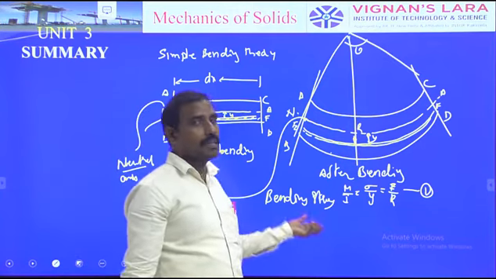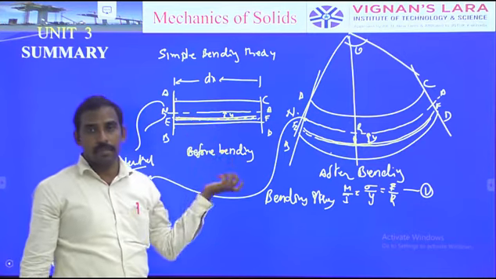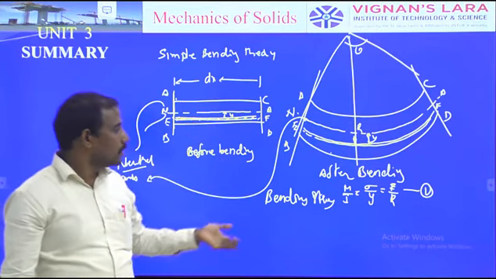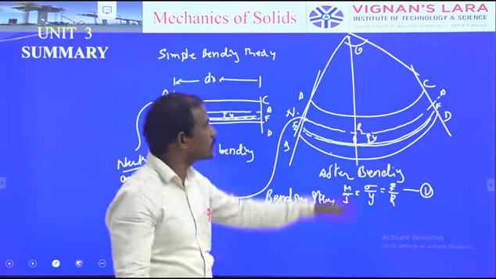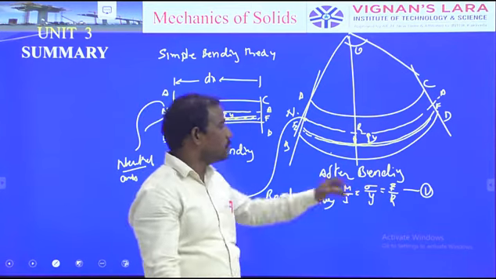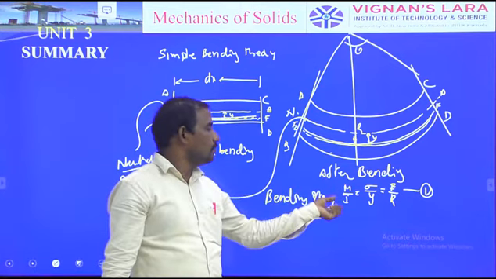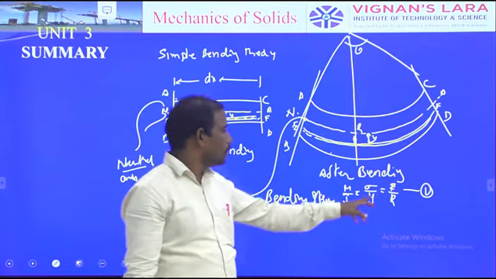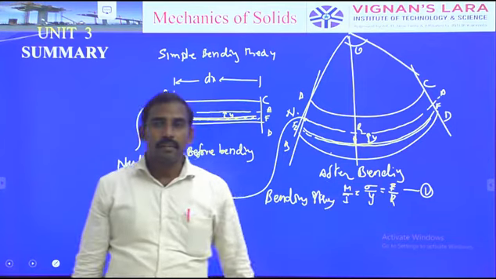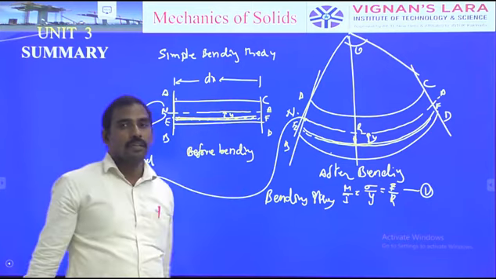Here particularly we consider a length of dx in a pure bending portion CD. Then E is the Young's modulus for a particular material, R is the radius of curvature. So by using this equation we can find out either M or stress, if E and R are given and Y is known, at which layer, at which distance you have to measure.